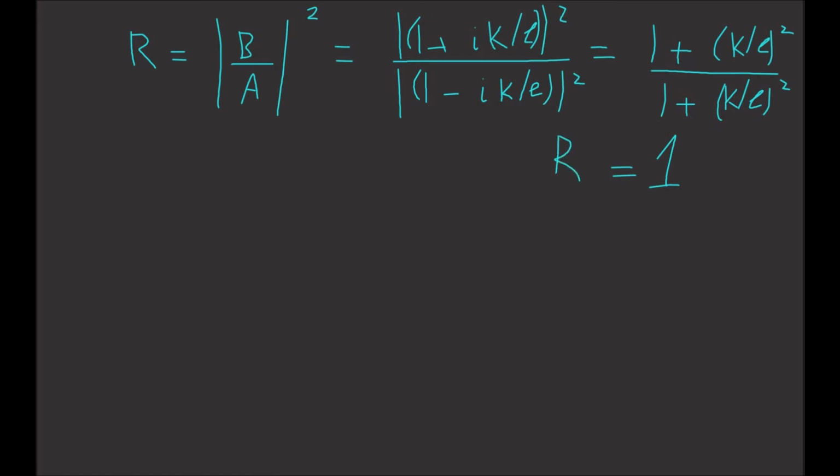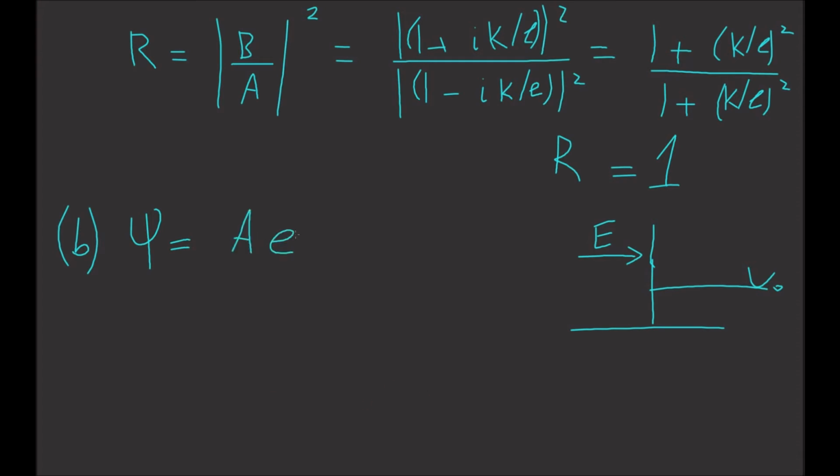So now let's look at part B, where the energy is greater than the potential. So this is our potential, V naught. Now the wave is coming from the left at energy greater than the potential. So the solution for the Schrödinger equation reads A times e to the i k x plus B times e to the minus i k x.